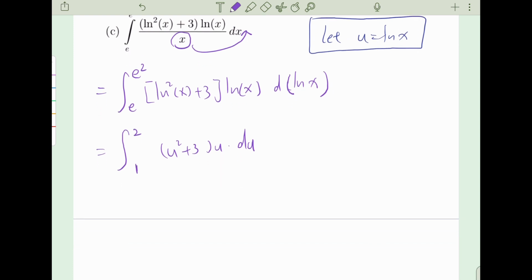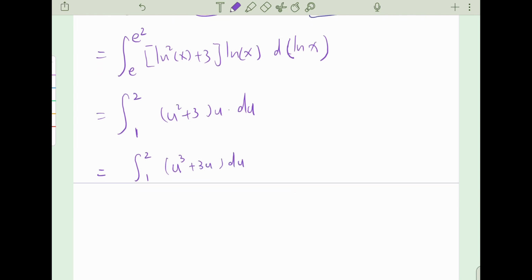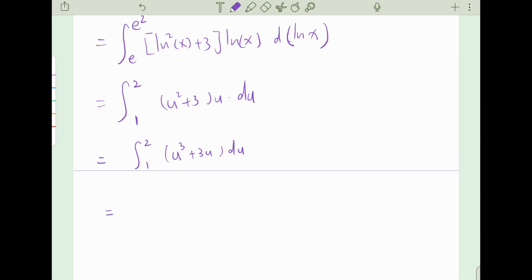Then simplify the expression by expanding the bracket, so u cubed plus 3u du, and now use the formula straightforward. It becomes 1 over 4 u to the 4, plus 3 over 2 u squared, and plug in the upper bound and lower bound.